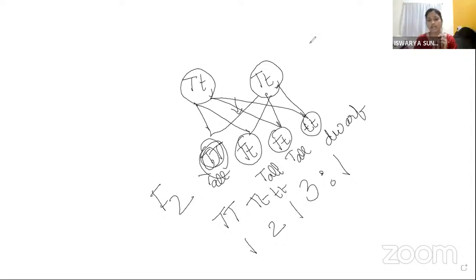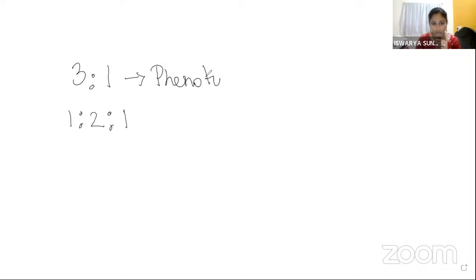So there are two ratios you have to learn in this. The first ratio is 3:1 and the second ratio is 1:2:1. The first ratio you concluded by seeing the physical appearance of the plant. So this ratio is called the phenotypic ratio.